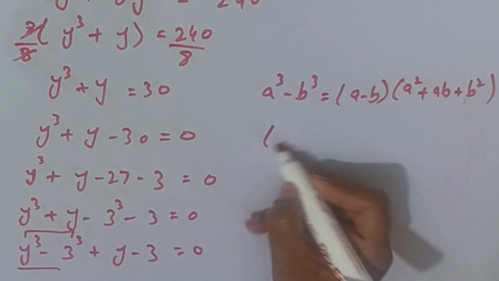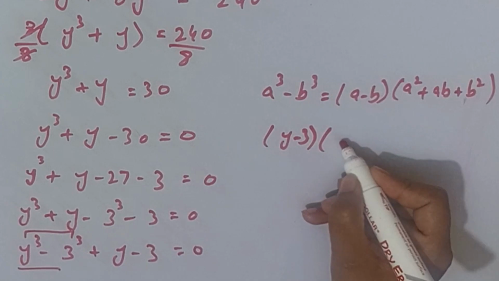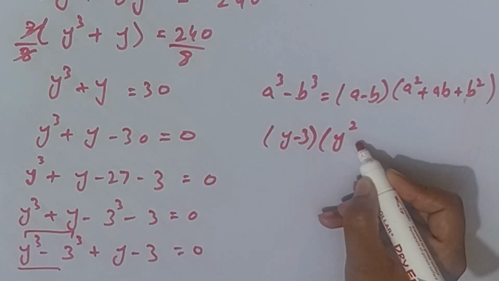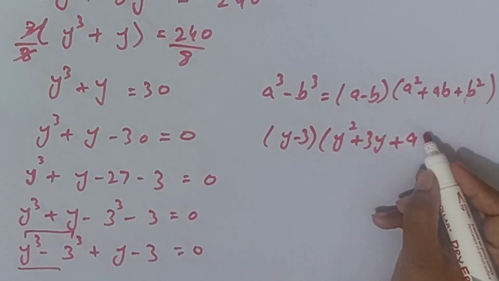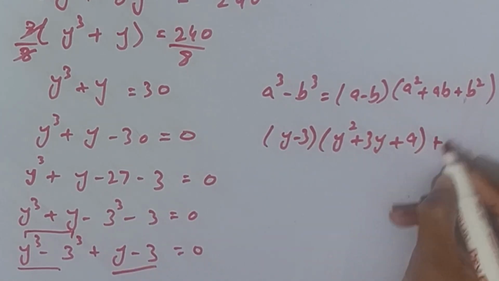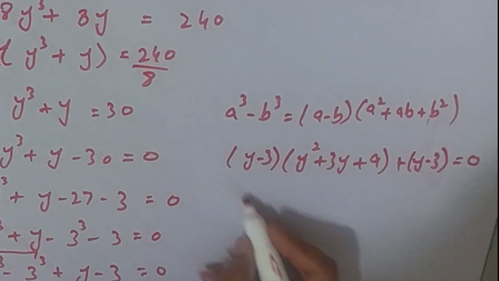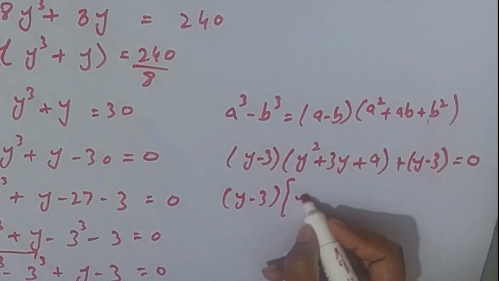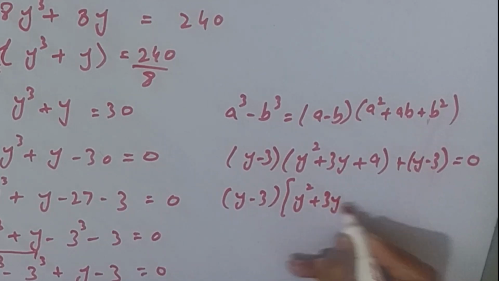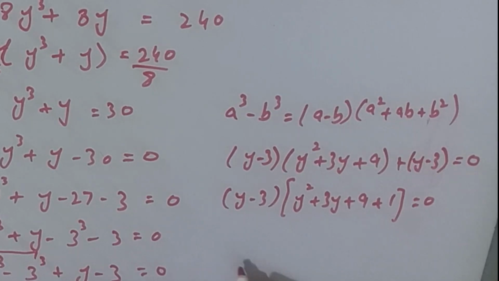This is (y - 3)(y^2 + 3y + 9), and the next term is plus y - 3. This is equal to 0. Now y - 3 is involved in these two terms, so we factor it out. The first term is y^2 + 3y + 9, and this is plus 1. This is equal to 0.